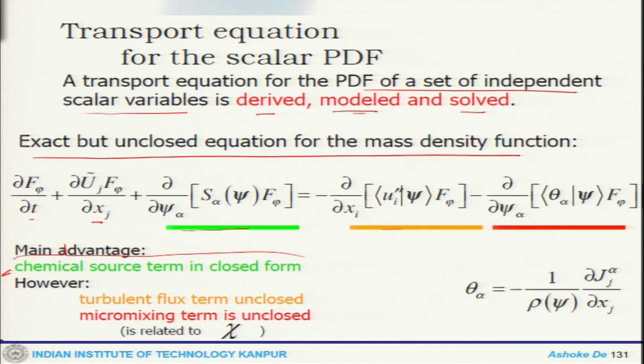But typically, when you do the Favre averaging or density weighted averaging, our chemical source term in the mass transport equation becomes unclosed. That brings a lot of challenges to close that term, and that is why we started discussing the simple reaction models or combustion models, how to close that term. However, having this chemical source term in closed form, we still have the other two terms on the right hand side, term 1 and 2.